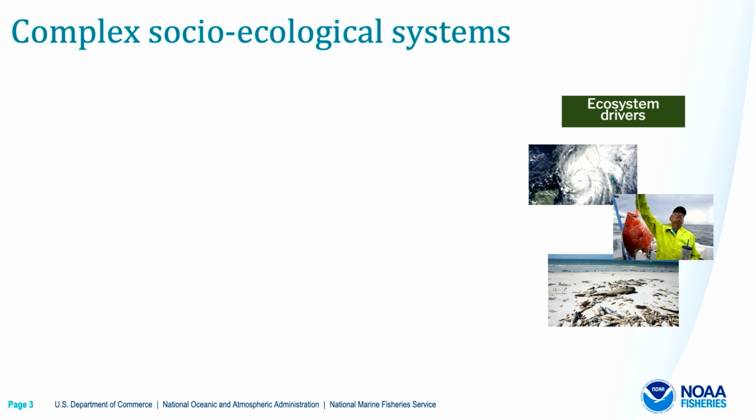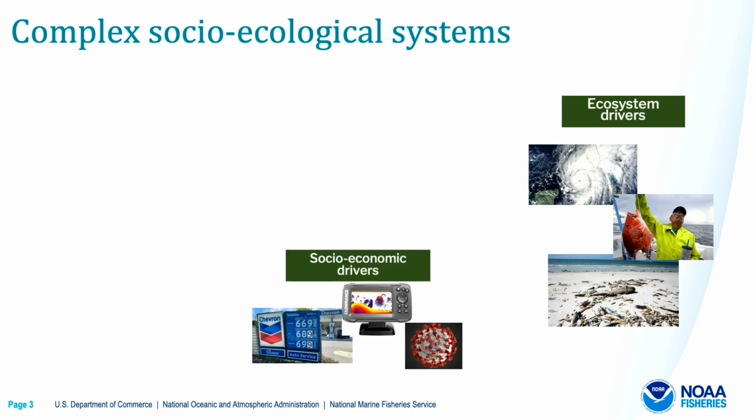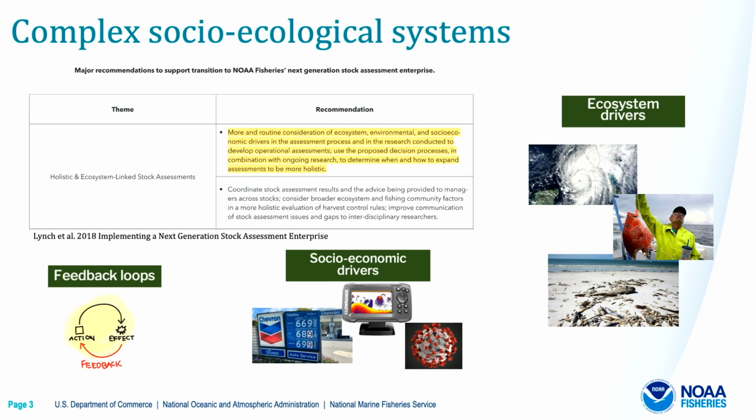These can all have an impact on our important fisheries. And there are also socioeconomic drivers, changes in things like gas prices, technology, pandemics. These can all influence fishermen's individual behavior. There's also feedback loops inherent to these complex systems. So actions have reactions that, if not explicitly accounted for, can undermine effective management.